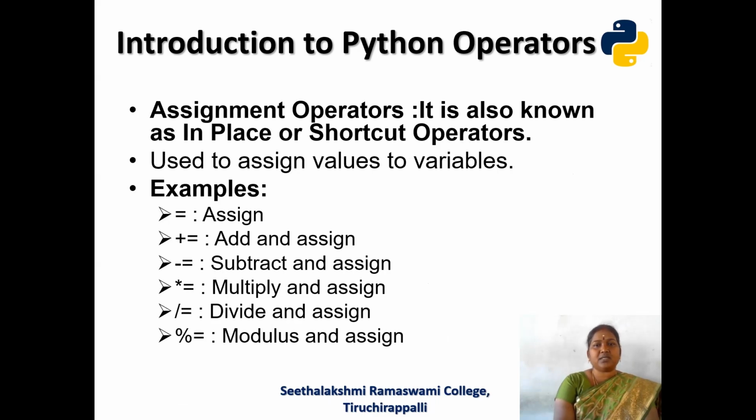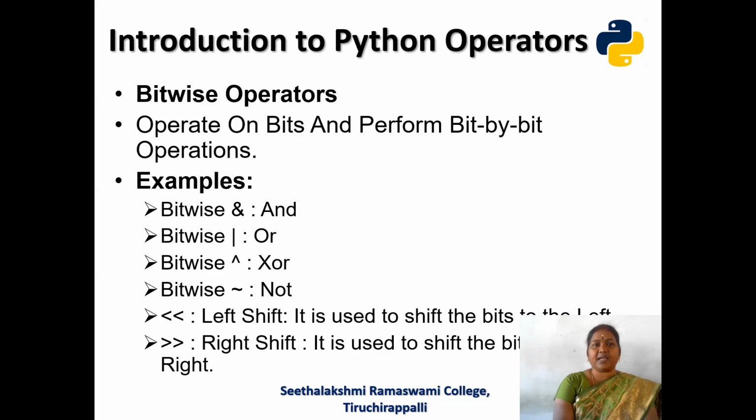Assignment operators. The assignment operator is also known as the in-place operator or shortcut operator, which is used to assign values to a variable. The operators are assign, add and assign, subtract and assign, multiply and assign, divide and assign, modulus and assign.